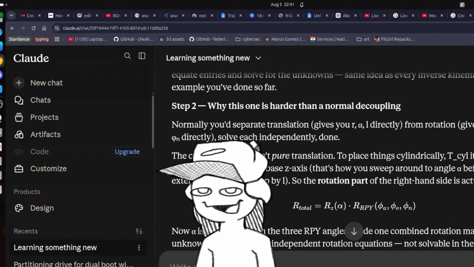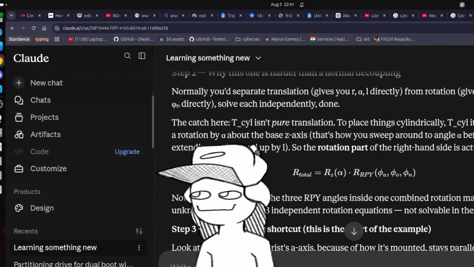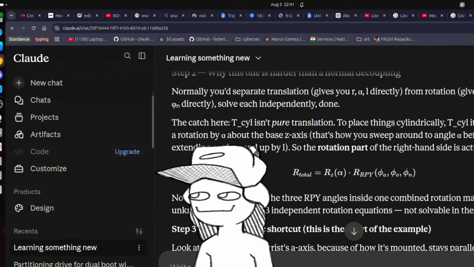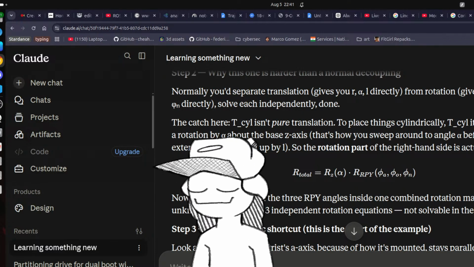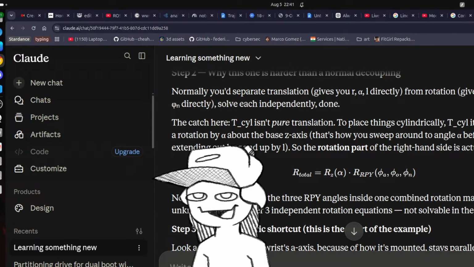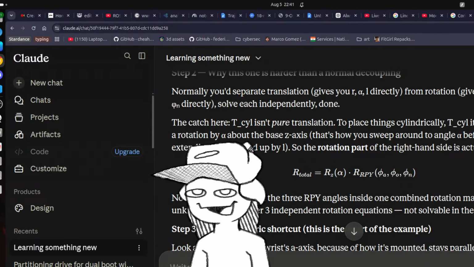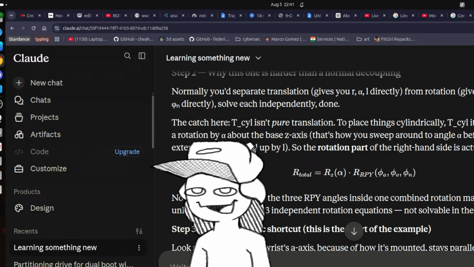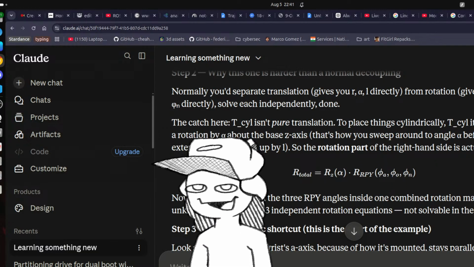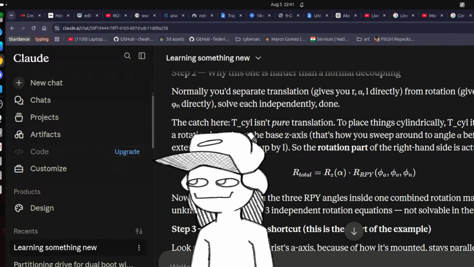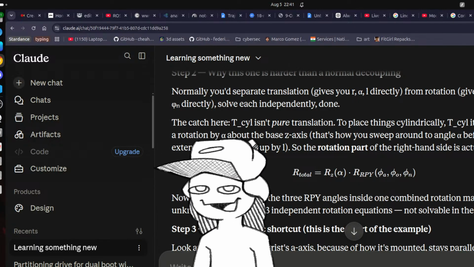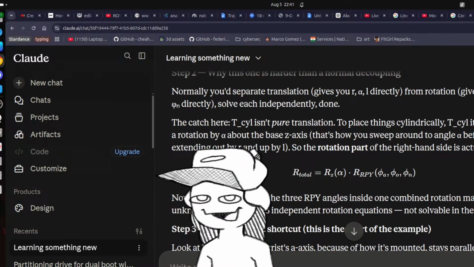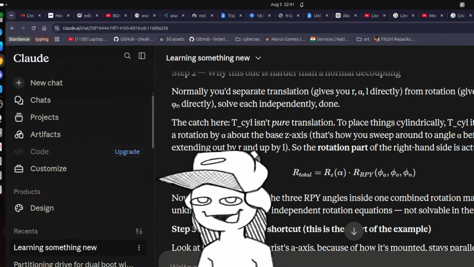So the rotation part of the right hand side is actually, no, alpha is tangled up with three RPY angles inside one combined rotation matrix, four unknowns fighting over three independent rotation equations. I think I need to write this down.